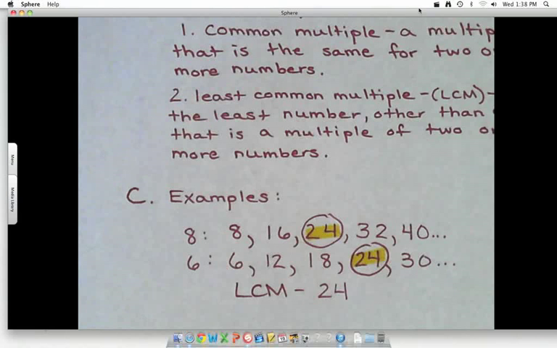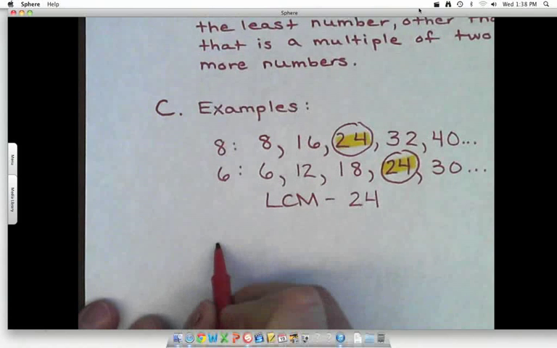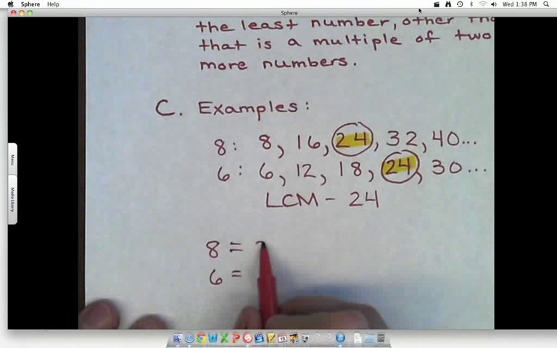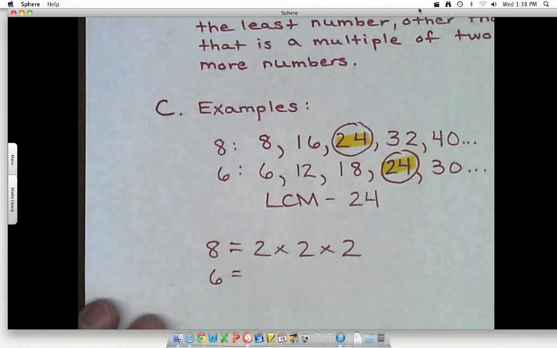Now, at times, the most efficient way to find the least common multiple is to use the prime factorizations. So if I have 8 and 6, prime factorization, actually these would be equal signs, 8 = 2 times 2 times 2, if I use my factor tree and come up with my prime factors. And for 6, it would be 2 times 3.